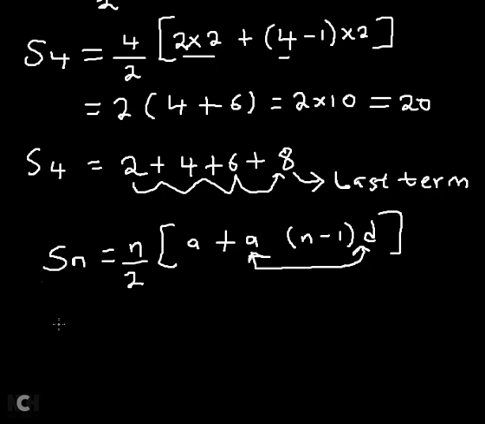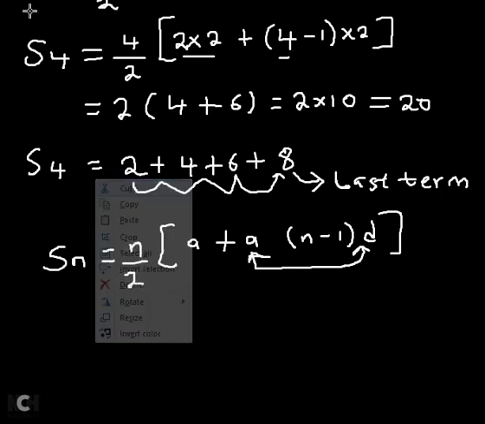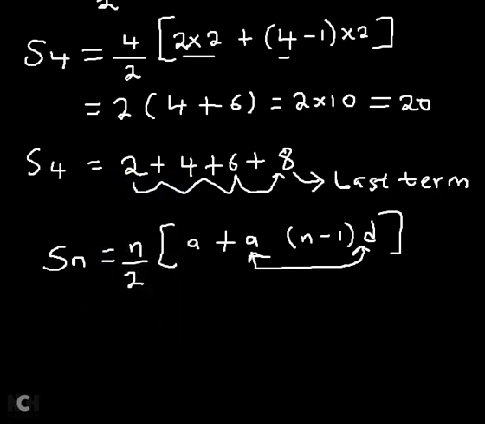So invariably, this is another way of expressing this, since we already know that the last term of a series is equal to a plus n minus 1, then multiplied by d.